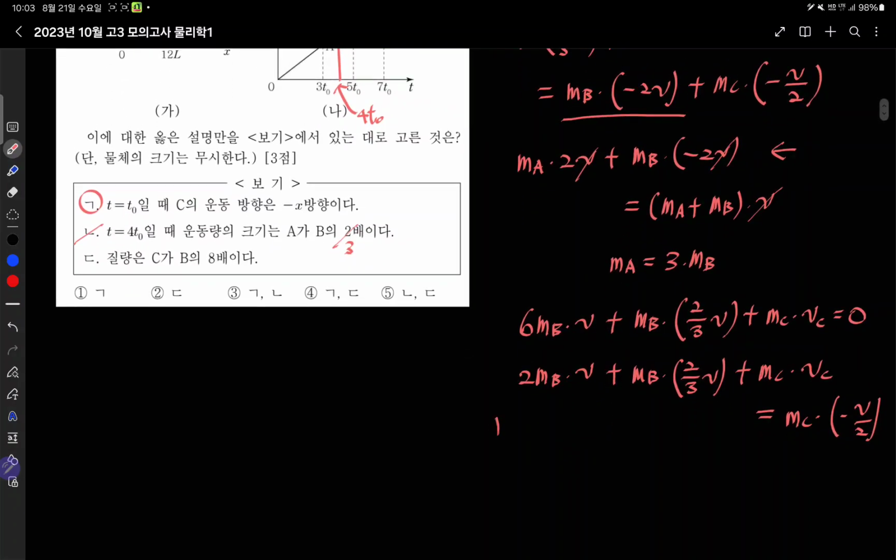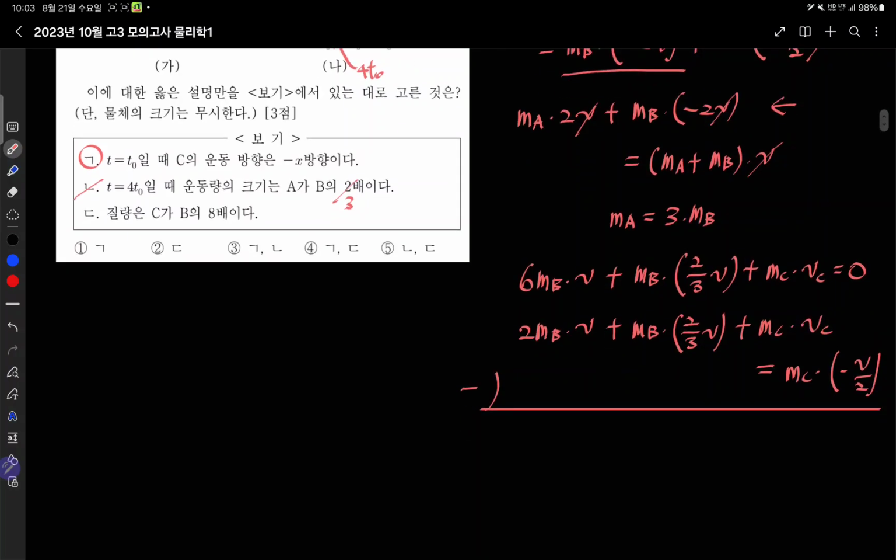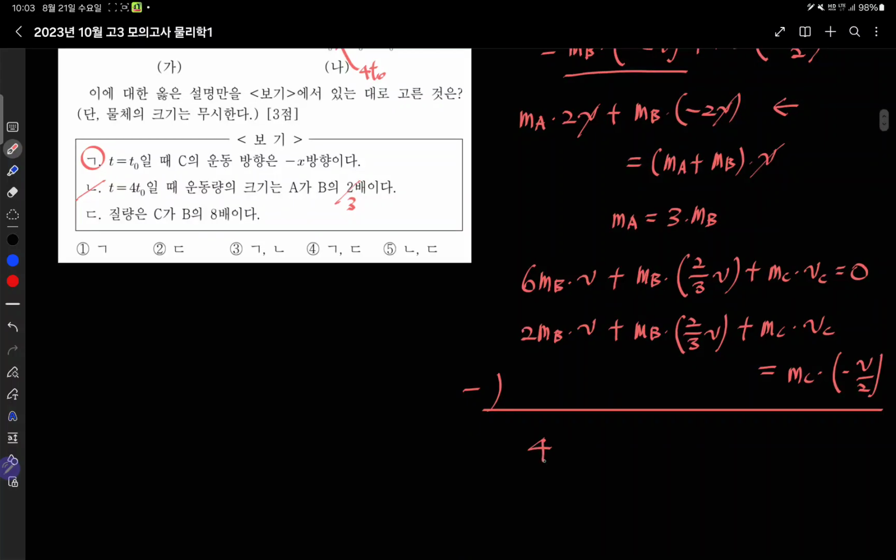So if we subtract these two equations, 4 times mB times V is equal to mC times V over 2.